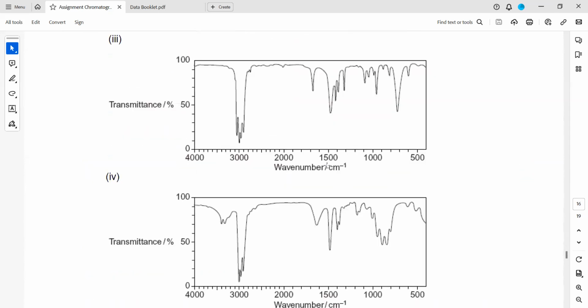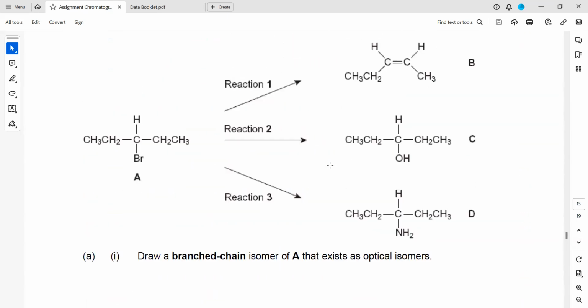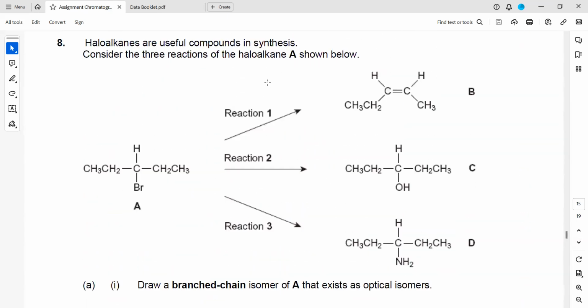Reaction 3 is a substitution reaction. Like ammonia, an NH2 group is added and the Br is being removed. So this will be partial negative. It is a nucleophilic substitution.